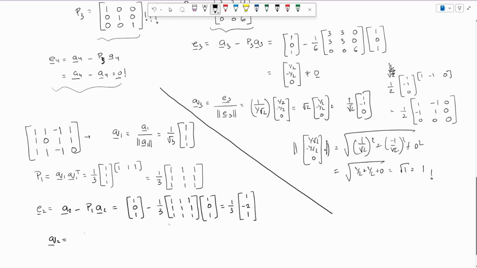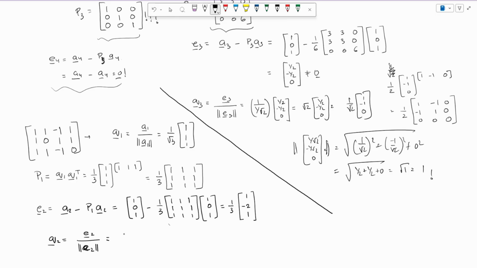Q2 will be E2 divided by the length of E2. What will that come out to be? One by root 6, is it?